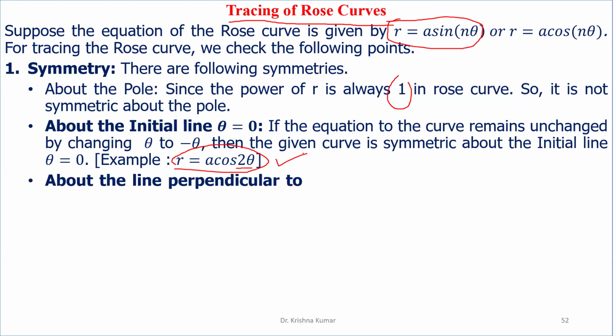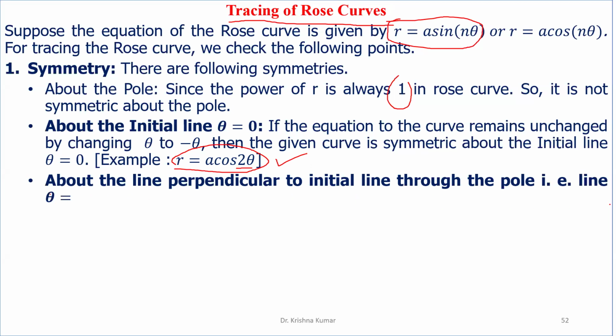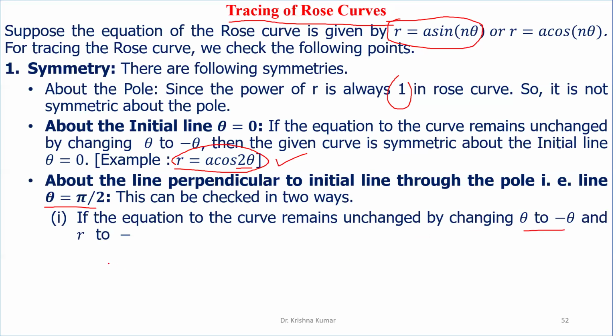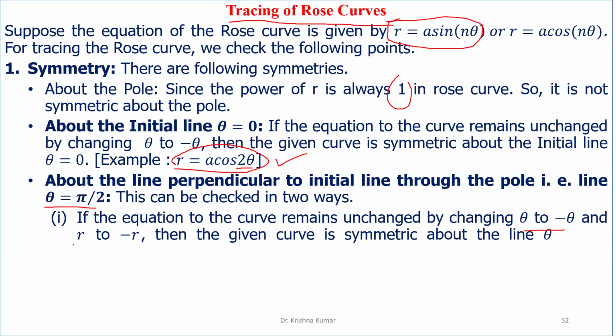Similarly, the symmetry about the line perpendicular to the initial line through the pole, which we can simply say is the line theta equal to pi by 2. This can be checked in two ways. The way number one: if the equation of the given curve remains unchanged by changing theta to minus theta and r to minus r, then the given curve is symmetric about the line theta equal to pi by 2.